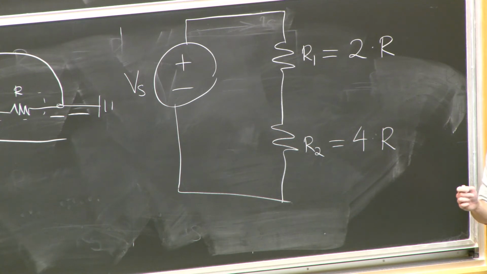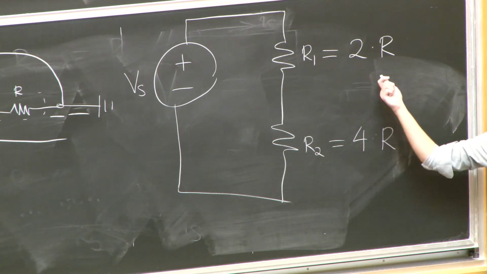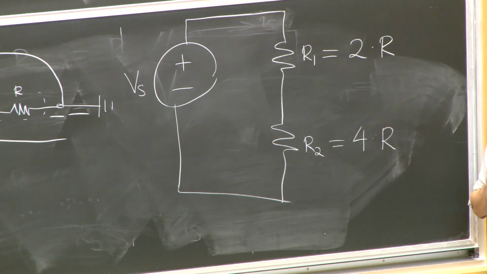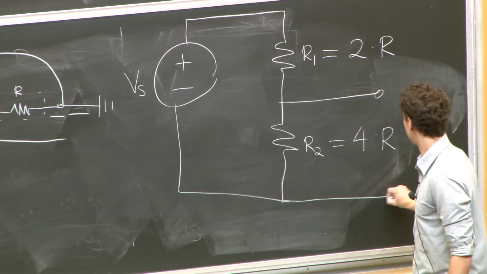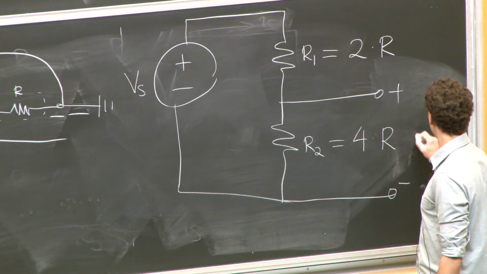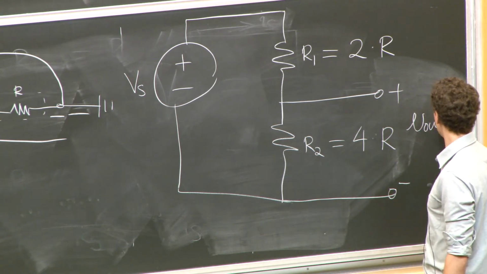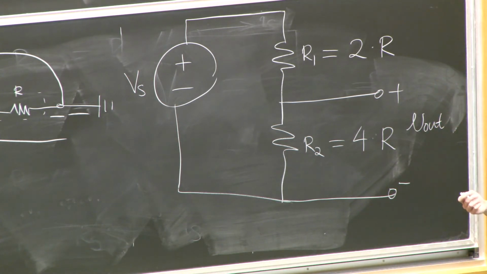You have to jump through some hoops mentally to see exactly which voltage I'm measuring here. Is it across R2 or is it across R1? It's across R2, right? Here's my voltage measurement. I'll call that V out. And V out, as was mentioned earlier, is just 2/3 of my voltage source.